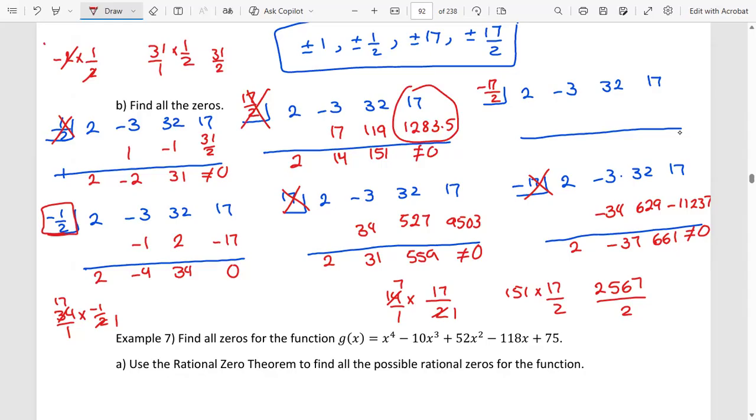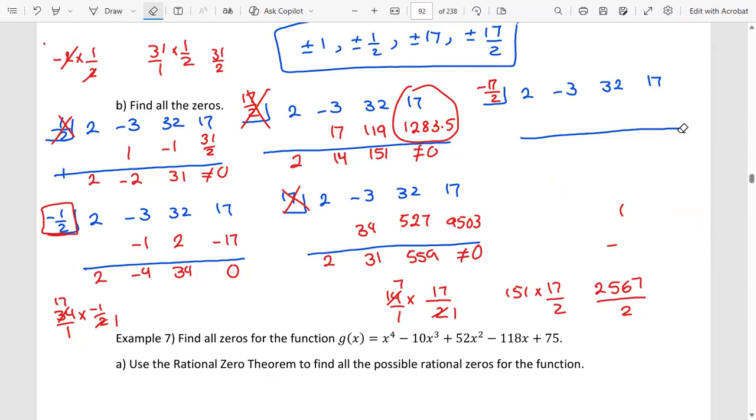And let's do the last number here. Bring down 2. 2 times negative 17 over 2 is negative 17. Negative 17 minus 3 is negative 20.